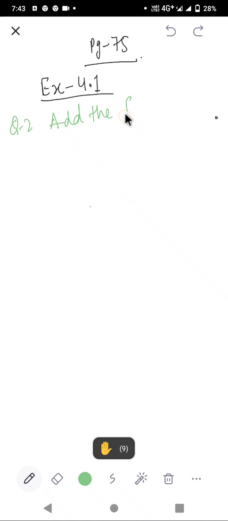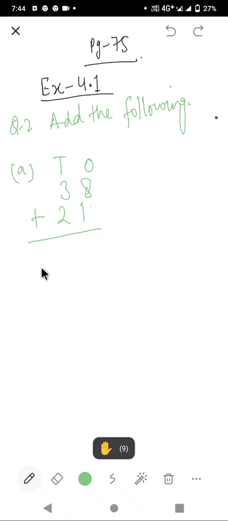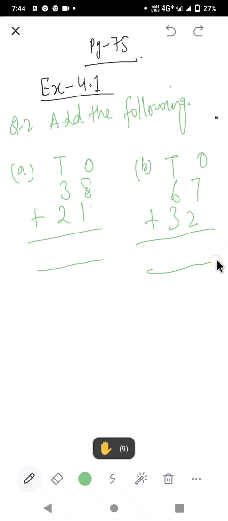Here we have to add. Part A is given like this: 38 plus 21. Okay students, two parts I am doing for you: 67 plus 32. So listen to me carefully, everyone.